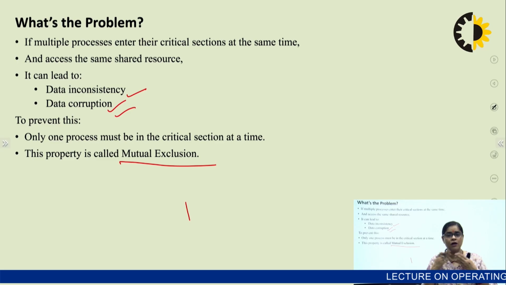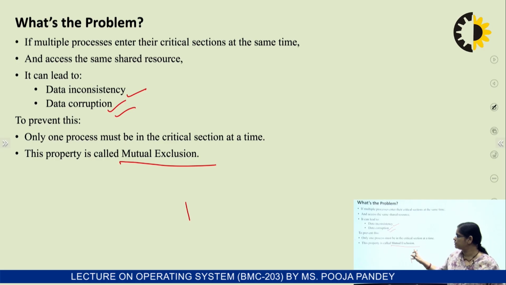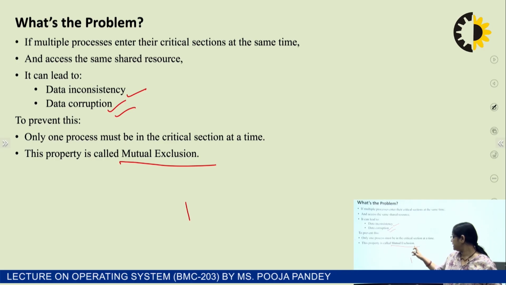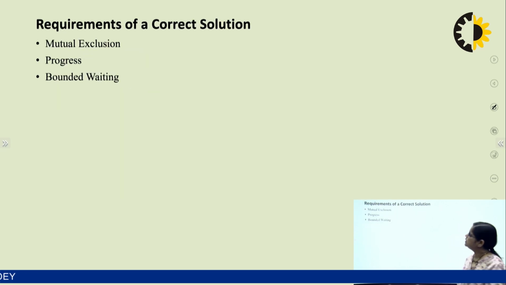To solve the critical section problem, the solution must satisfy three requirements. The first is mutual exclusion, in which only one process may enter the critical section at a time.